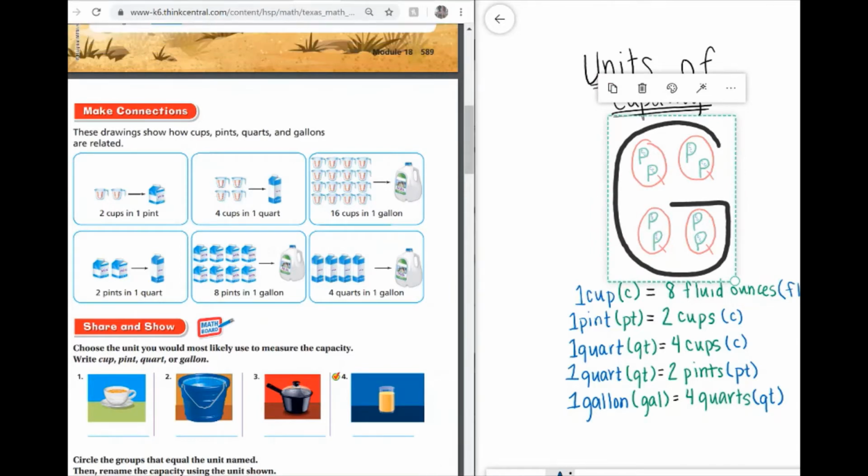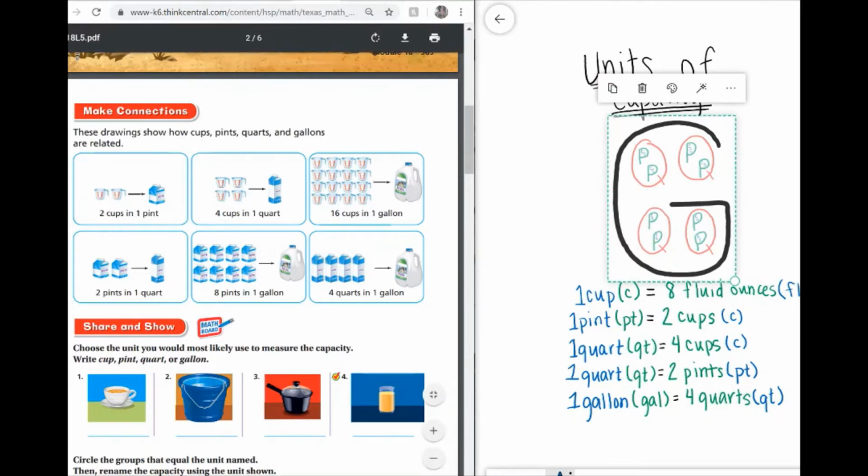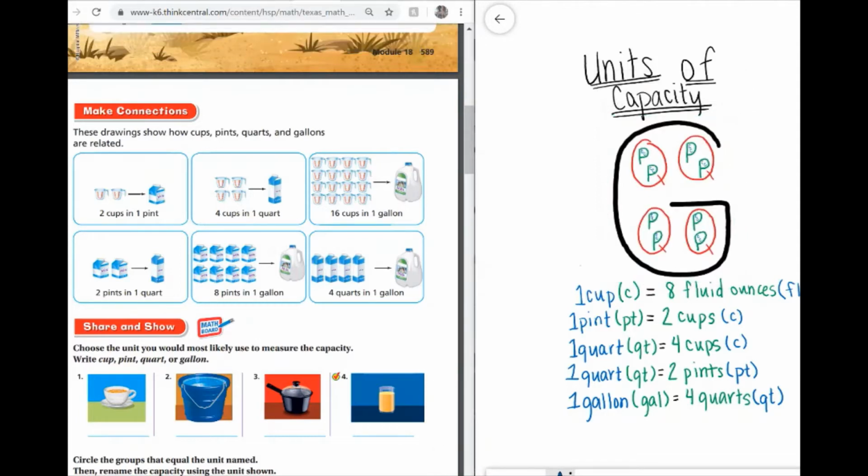The next thing, we see 16 cups in 1 gallon. So this right here is our gallon. And if we count the cups, we have 1, 2, 3, 4, 5, 6, 7, 8, 9, 10, 11, 12, 13, 14, 15, 16 cups in the whole gallon.